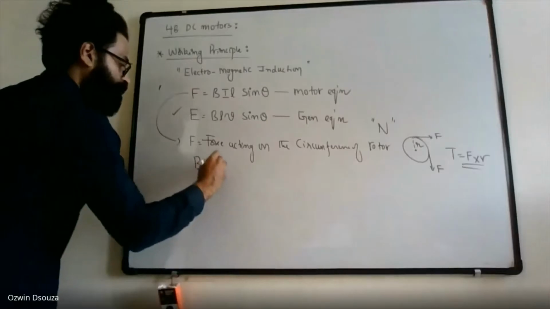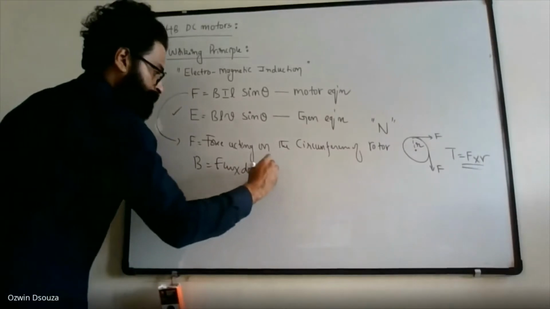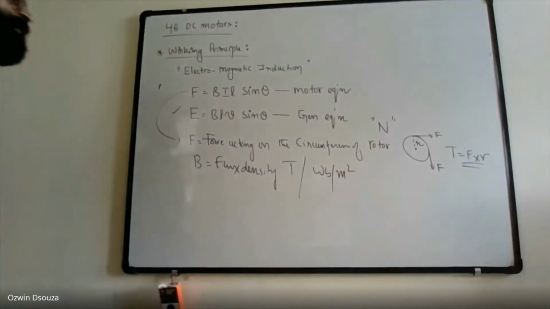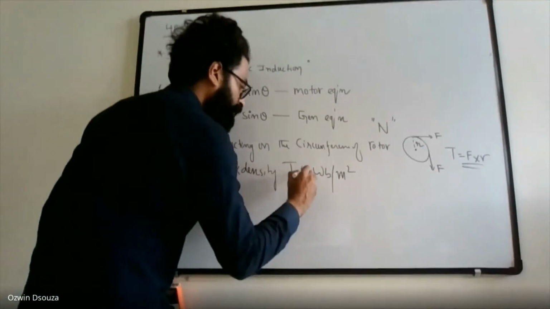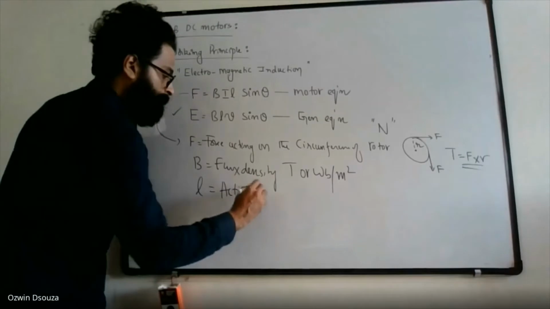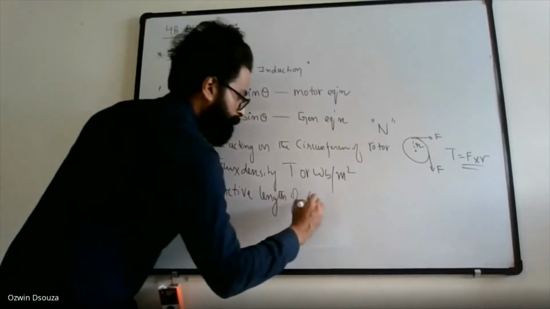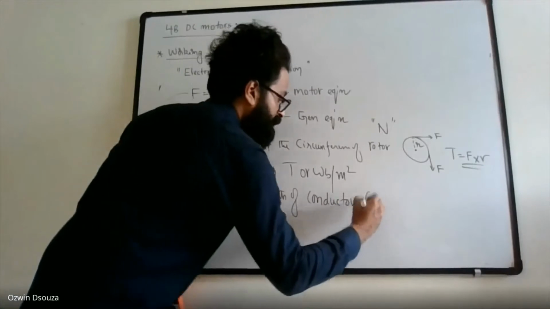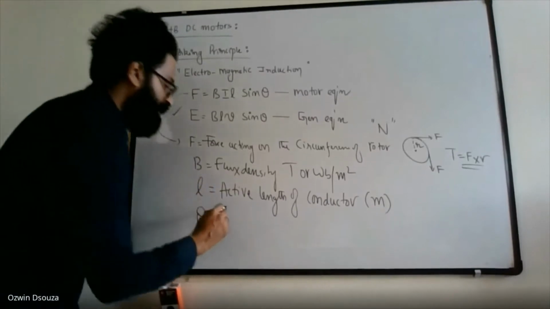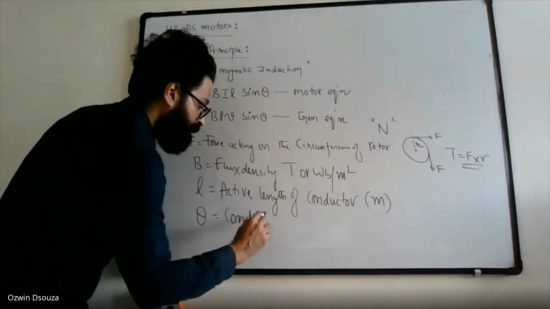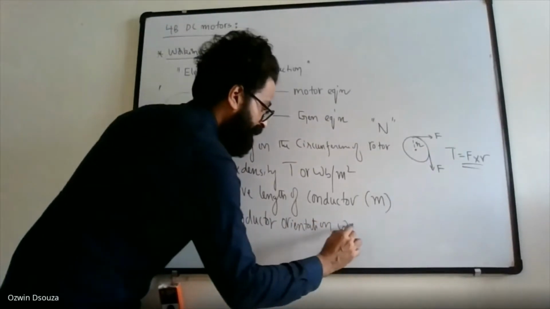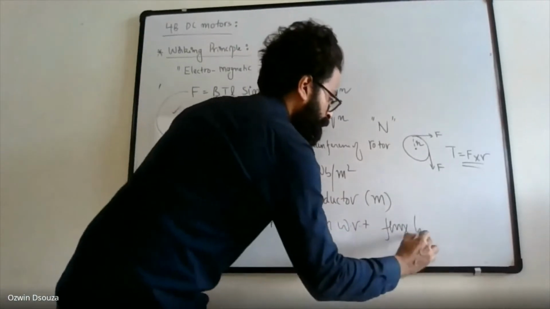B is the flux density in Tesla or Weber per meter square. L is the active length of the conductor in meters, SI unit. And theta is the conductor orientation with respect to flux lines.